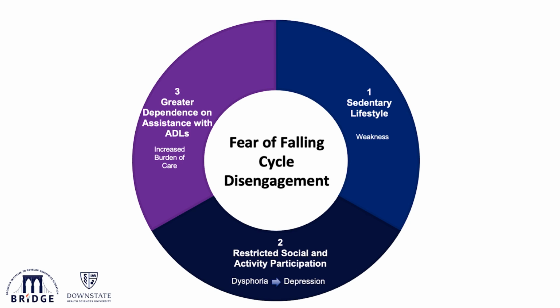They move more towards the couch potato end of the spectrum. And as they disengage, that means they're not socializing as much, they're not getting out in the community as much. And that can lead to dysphoria, sadness, or, unresolved, it can lead to depression.